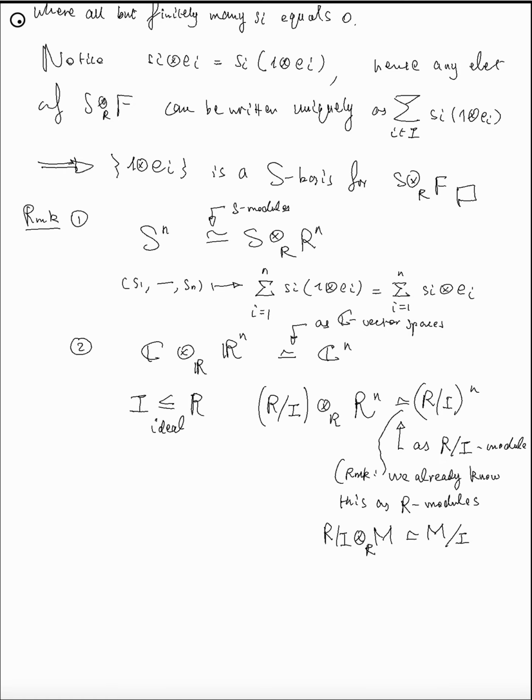Let me think, is it exactly the same thing? Yes. Take M equals R to the power n, then its quotient is just the component-wise quotient by I.